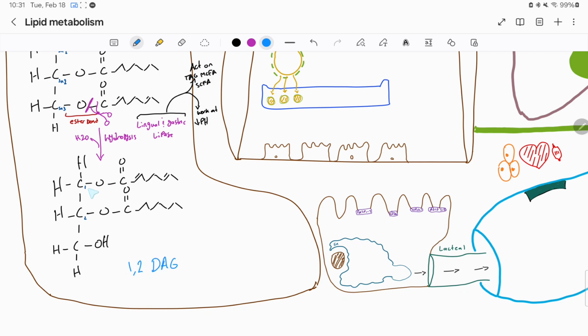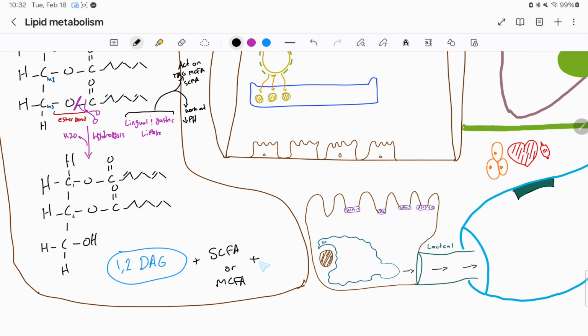Why 1,2? Because there is a fatty acid on the 1 and the 2 carbon, and there are only 2 fatty acyls, so we call it a diacylglycerol, because that tri is gone. So we formed a diacylglycerol from this hydrolysis, but we also freed either a short chain fatty acid or a medium chain fatty acid, depending on what was esterified here.